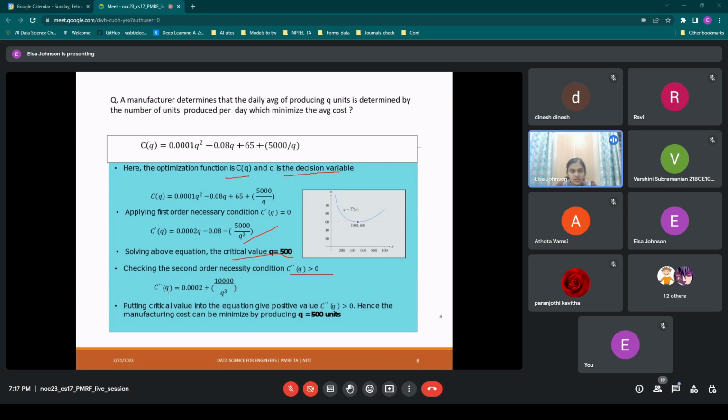So C double dash of Q will be greater than 0, meaning this particular point is the minimum value. After substituting this Q in the initial equation, you will get the C of Q value, which is the minimum value. So the minimum value is coming like 60, that is given there.